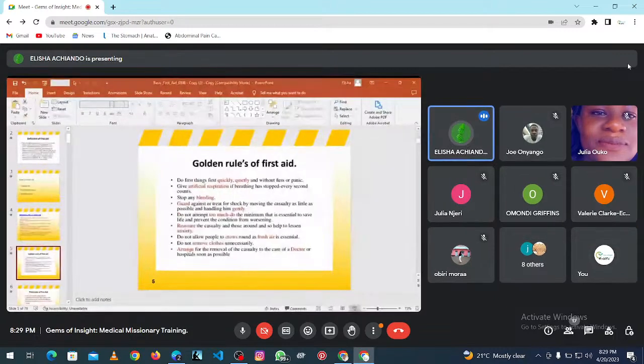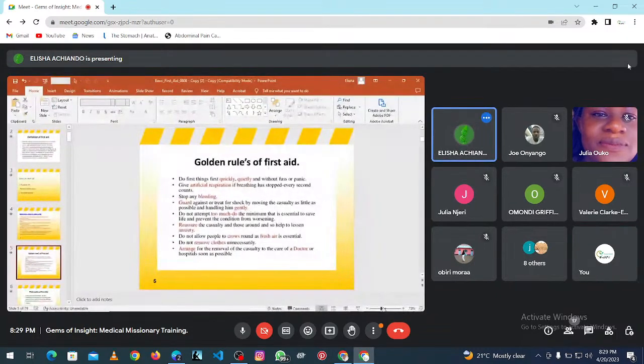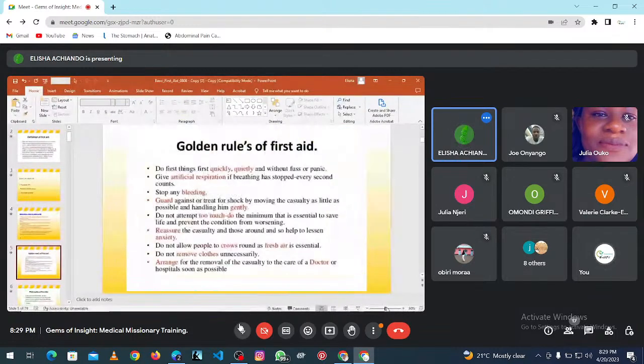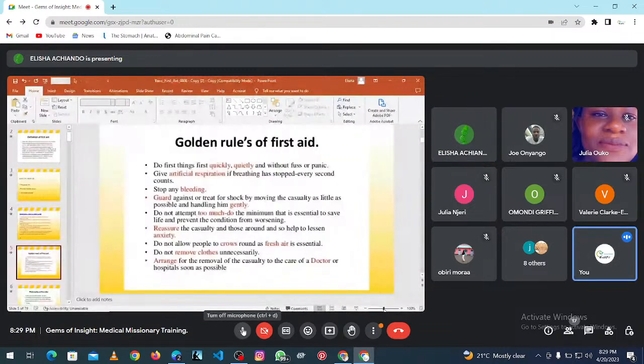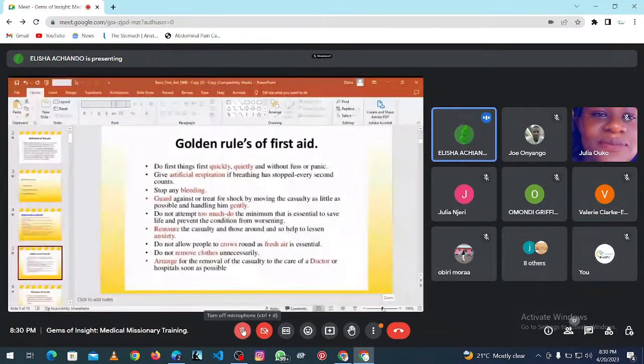Even right now, it's in slideshow mode. But can you see? Okay, I think it can't go on slideshow. Let me zoom in. Is it better now? It should be better now.